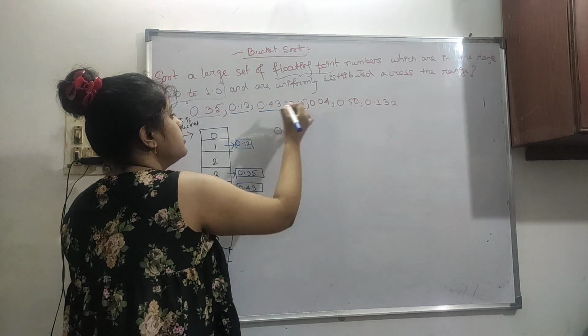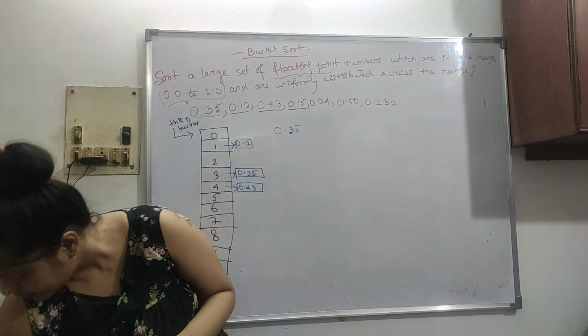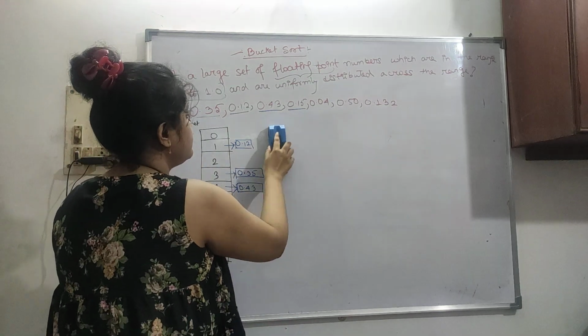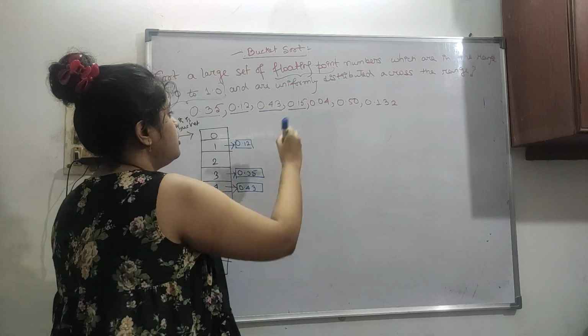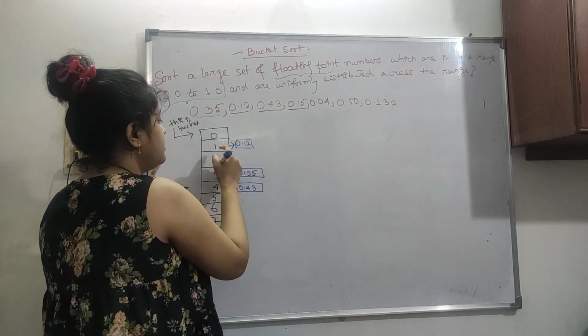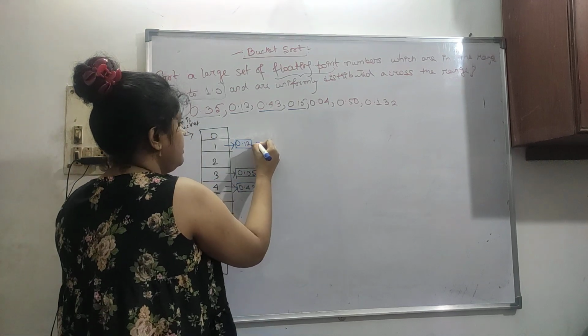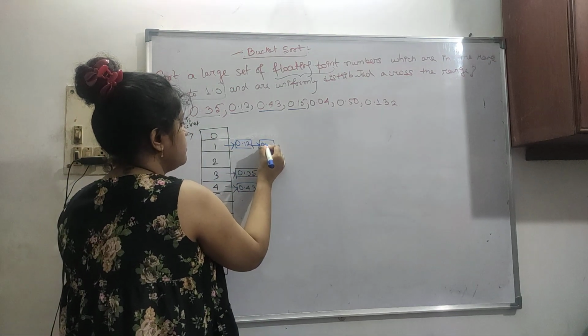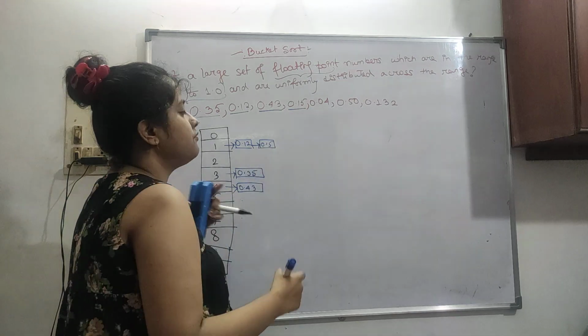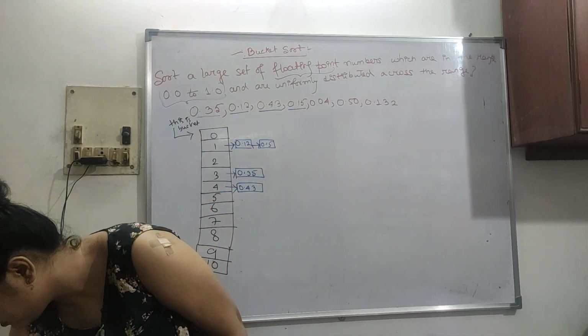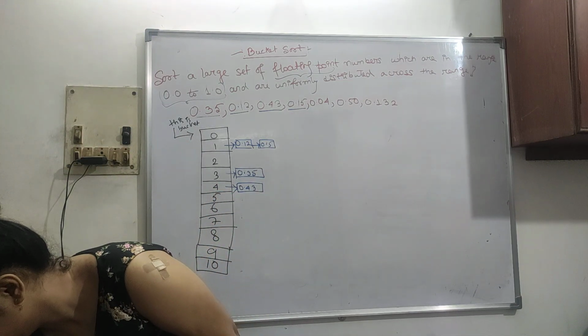Now 0.15. Now this is actually an important thing. See, 0.15 means it will be present here, but an element is already present, so we will just place it next, because 0.15 is greater than 0.12.